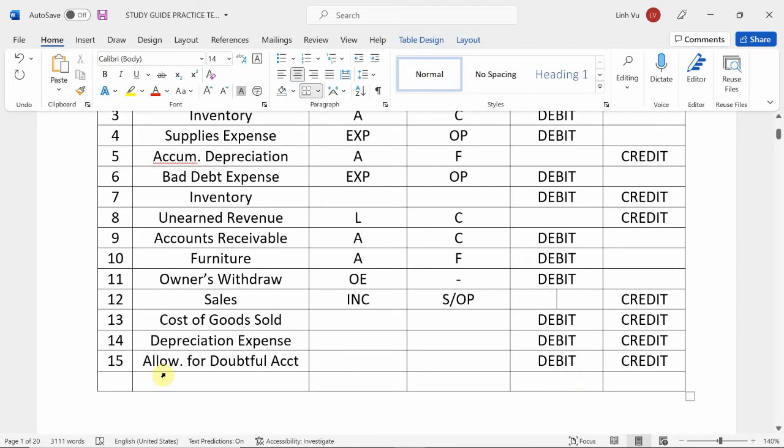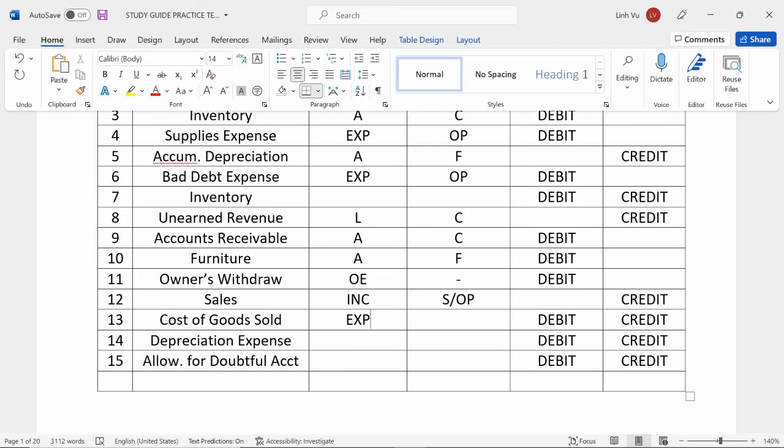Okay. Last couple here. The next one is going to be cost of goods sold. Income? Expense. It is an expense. In this case, cost of goods sold, we calculate this to essentially get rid of our inventory.